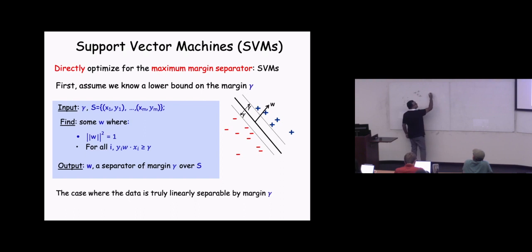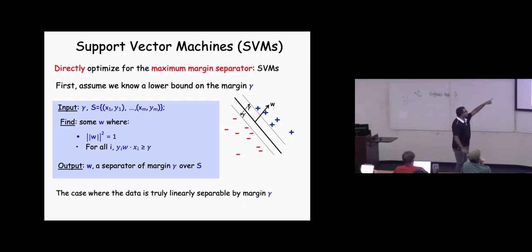So S is a set of points, x1 with the label y1, x2 with the label y2, and so on. So S is the set of all these points. That is what is usually given, like this is your data. Now learn a plane.